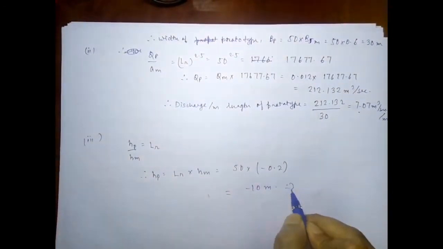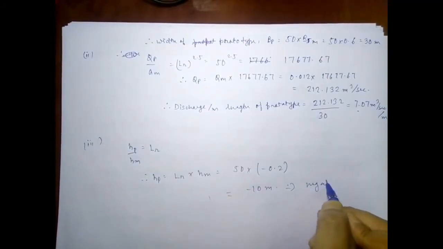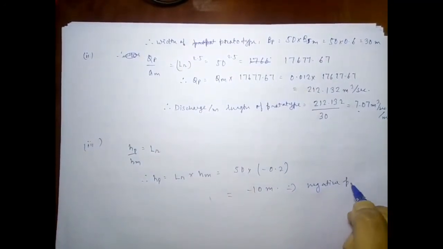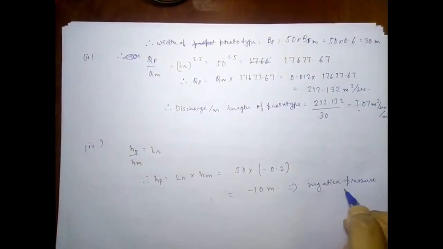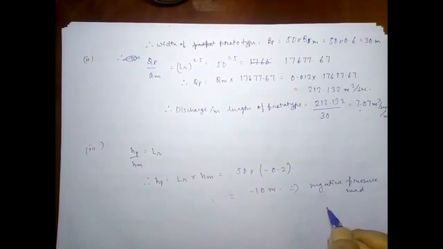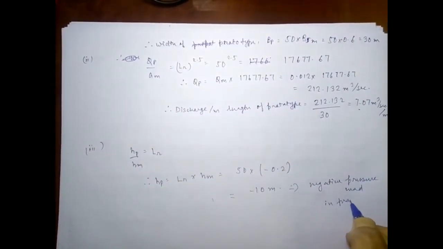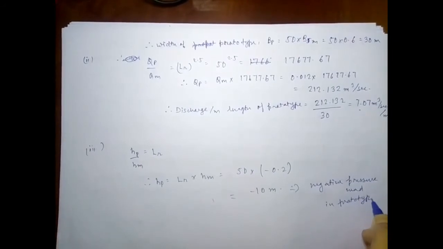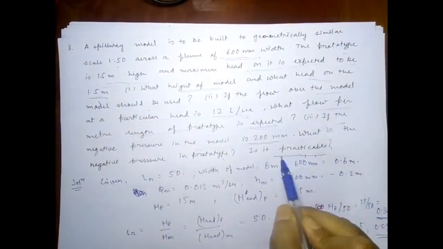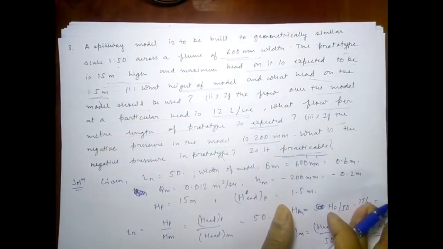So we will have minus 10 meter negative pressure head in prototype. Now in the last part we are asked whether it is practicable or not.